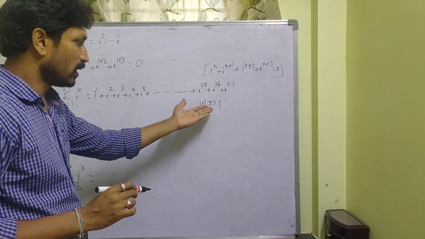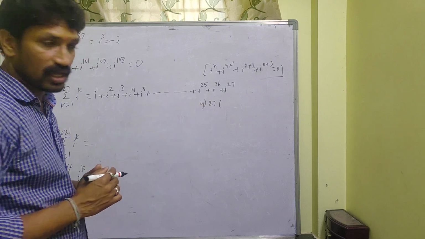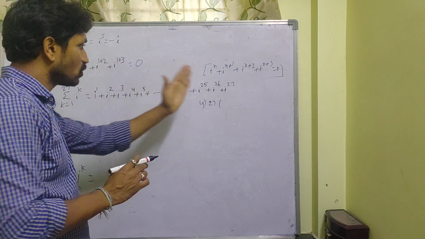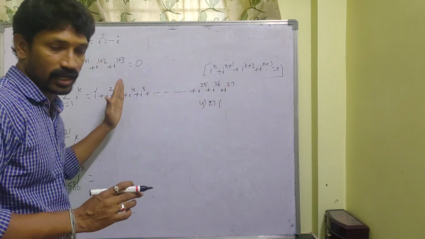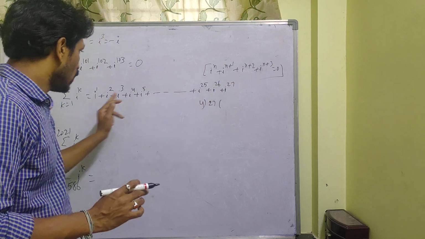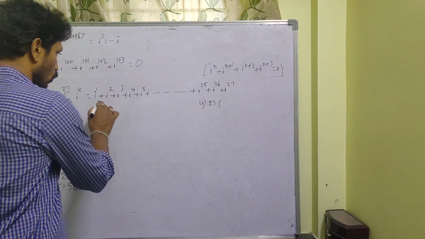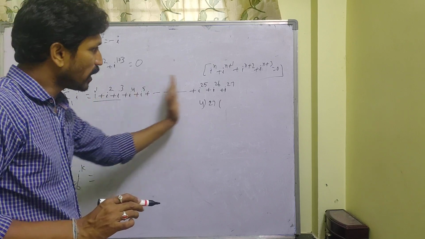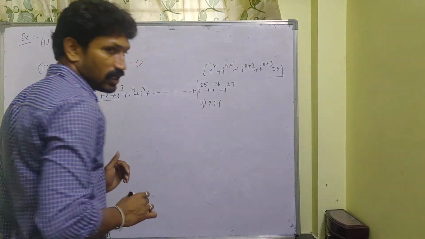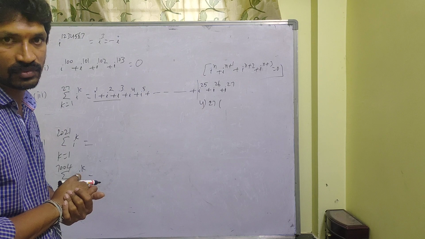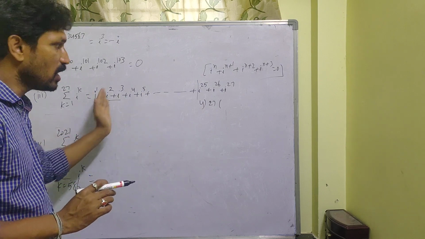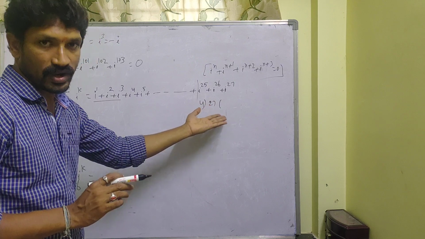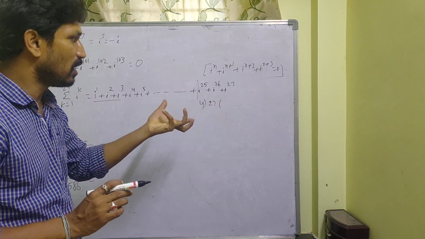The remainder you will get is 3, so 3 terms are left over. You can start from either end: either the starting 3 terms or the ending 3 terms remain, because when divided with 4 the remainder is 3.